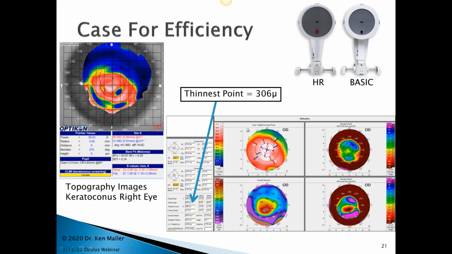And the display that I have showing here is giving you the front curvature map, which is very similar to the topographical map I have here from the Scout. But in addition to that, you also have down in the lower left here the pachymetry data, as well as the elevations of both the front and the back surface of the cornea.